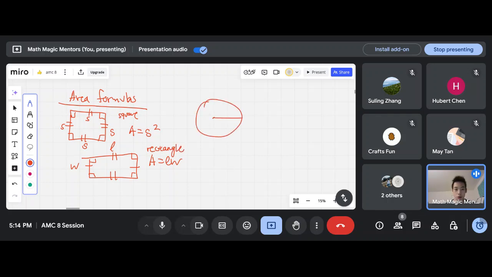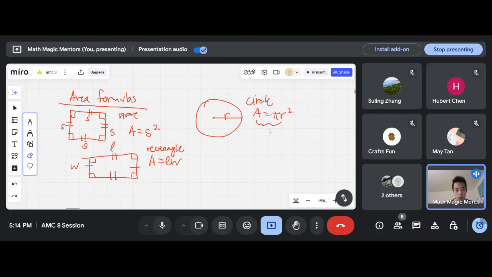If you have a circle with radius r, the area is going to be pi r squared. These two are a little bit easier to prove. This one is not as easy to prove.